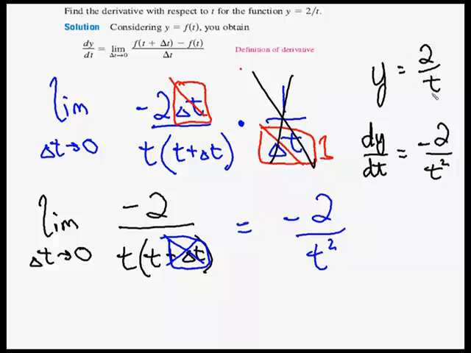If I plug a t value in here, I get its position on the Cartesian plane somewhere in the xy axis. If I plug that same t value into the derivative function, I get the slope that is occurring at that point. The derivative of a function is itself a function.